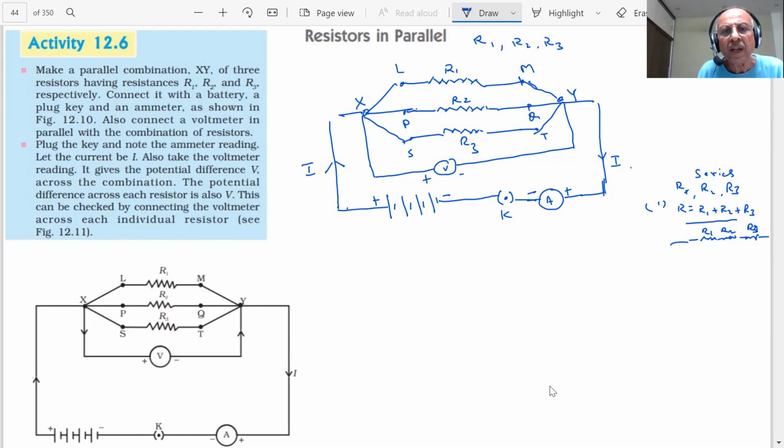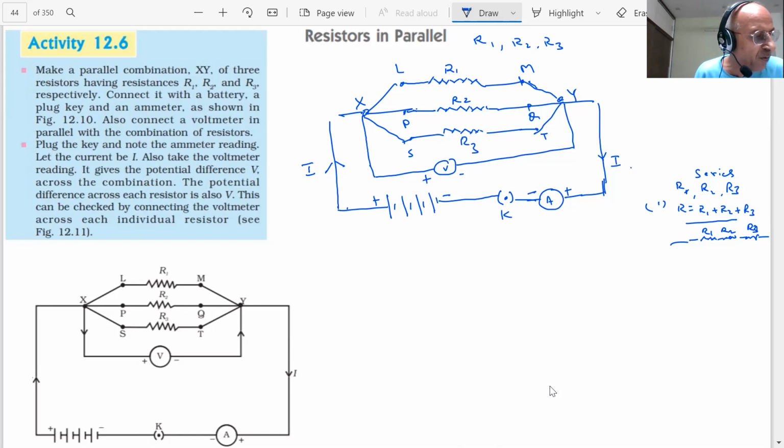Therefore, in order to find a relationship for the effective resistance when we connect the resistors in parallel, we will do an experiment, just as we did in the first case. Or we will do an activity. What is the purpose of this? To find out the effective or equivalent resistance of parallel combinations.